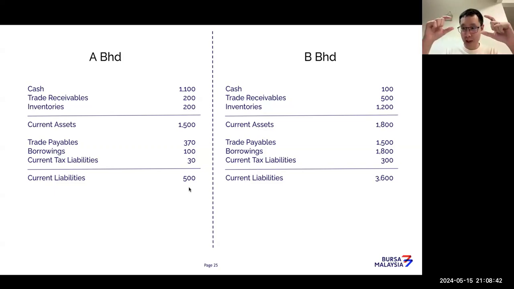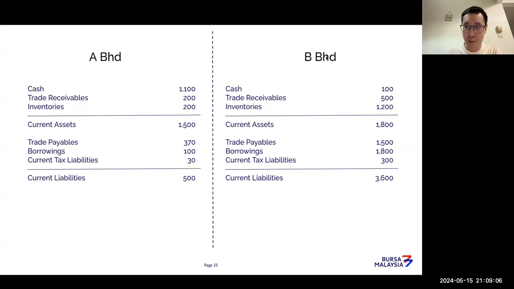So 100,000 divided by 100,000 current liability, my 100,000 can last me for 1 year, 1 tahun. So for A Berhad, 3 means 3 tahun, 3 years. It means it has enough resources to last for 3 years. That is what it means.